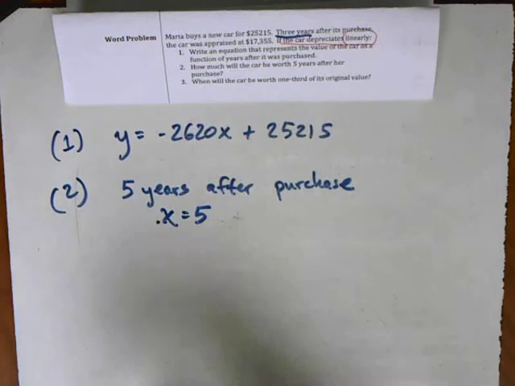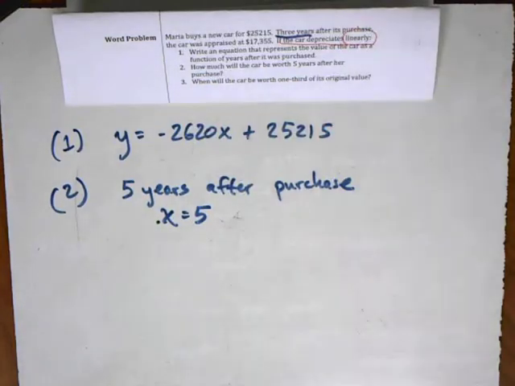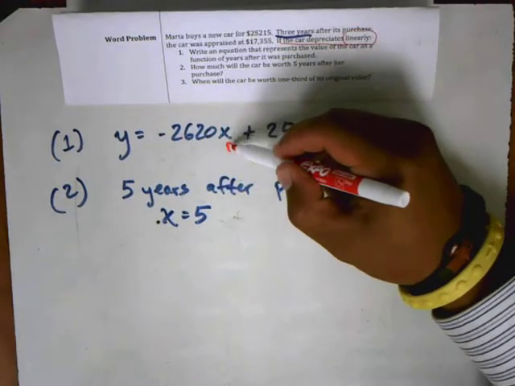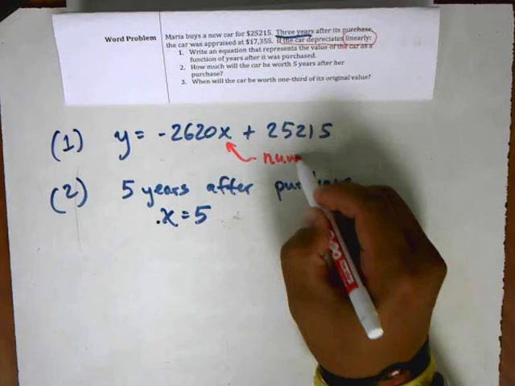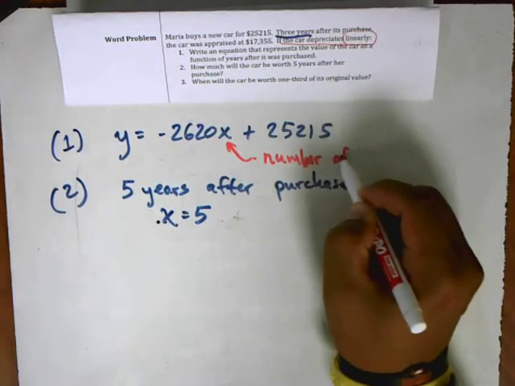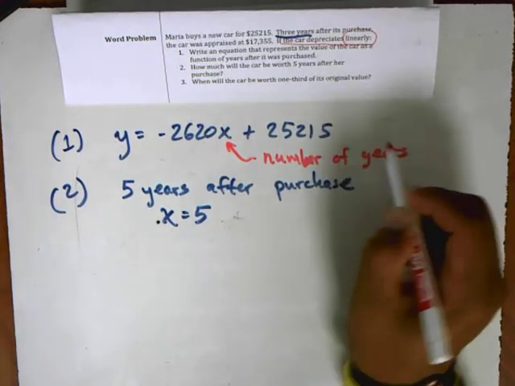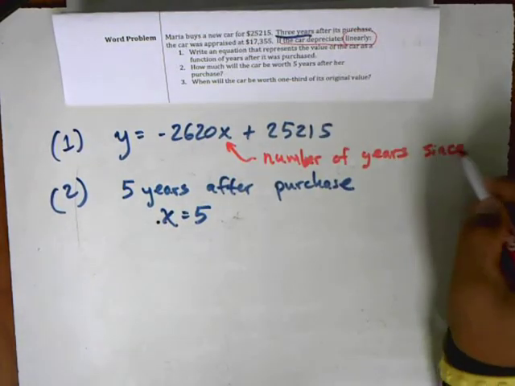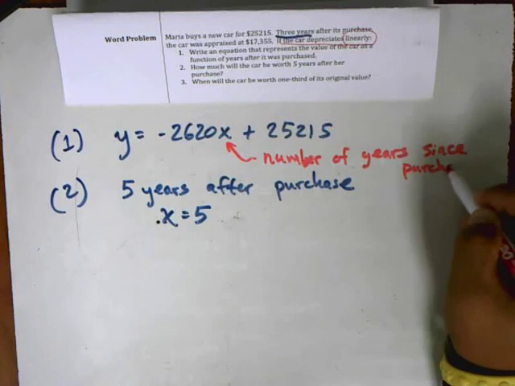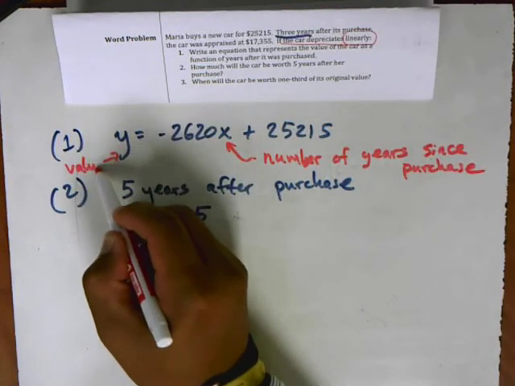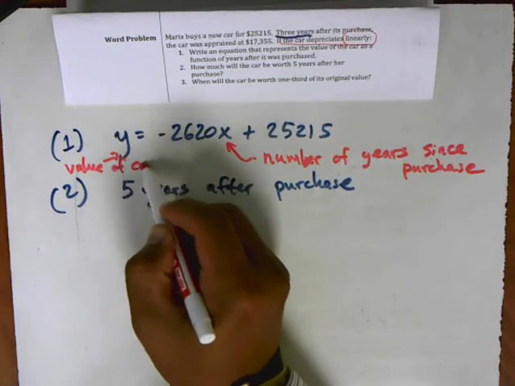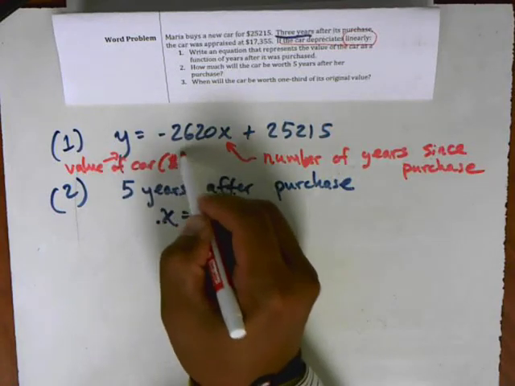Since, remember, from earlier we defined that x is the number of years and y is the amount of money. So let me rewrite this in here so we don't forget. It's such a critical thing to remember what our variables mean. So x is number of years since purchase, and y represents the value of the car in dollars.